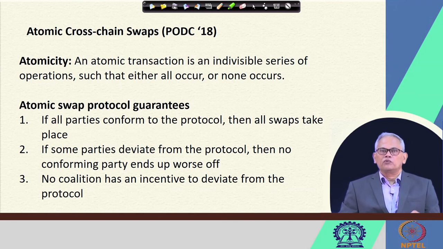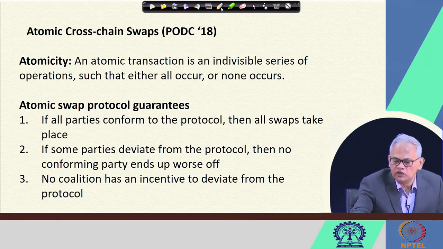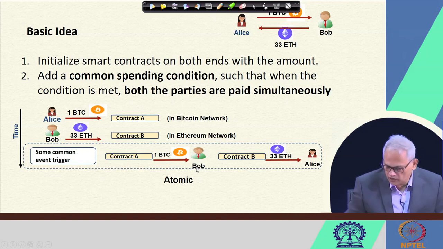However, if some of the parties deviate from the protocol, then the parties who are not deviating, the ones who are conforming to the protocol, should not have any difficulty. They should not be worse off, meaning that with respect to what they had before the protocol execution started, they should not end up being worse off at the end of the execution of the protocol.